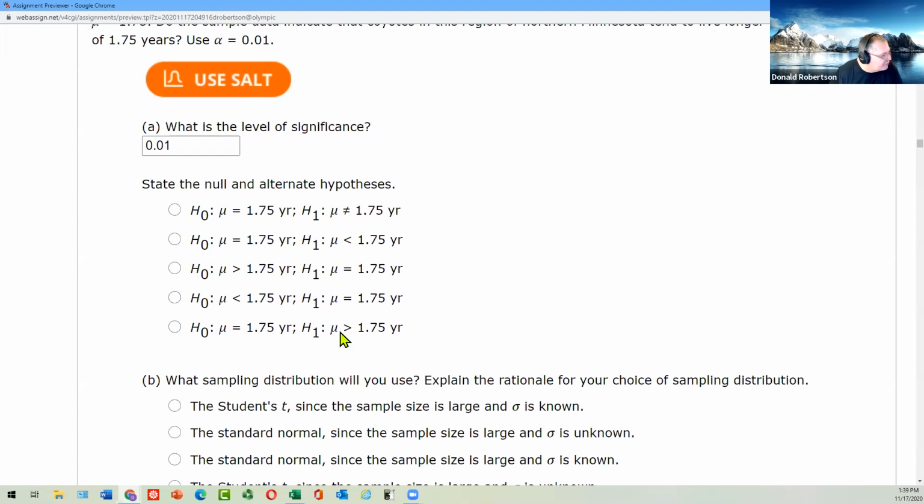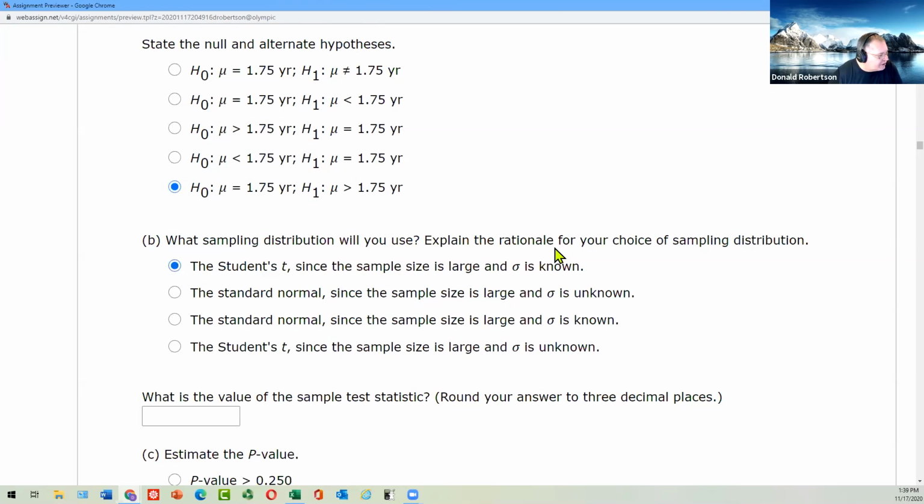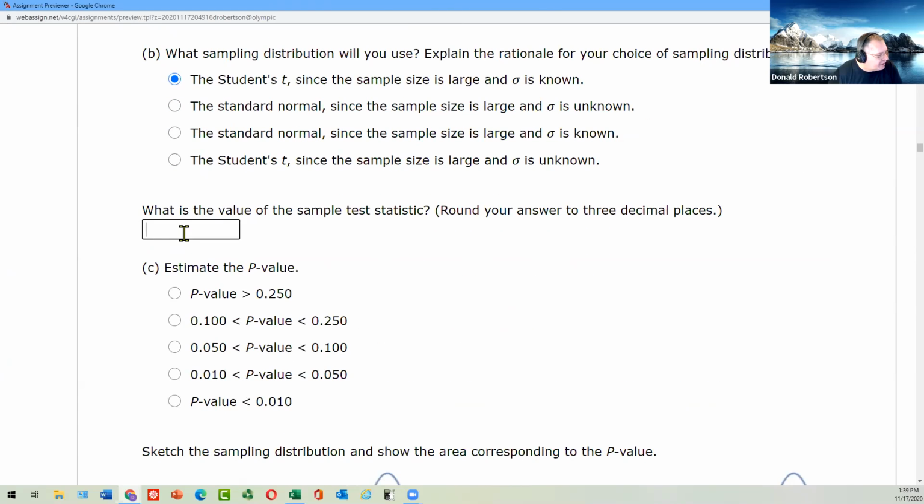Which one of these has the greater than guy? That one. Student T. What's the test statistic? That is the T, 2.439. What is the p-value? Well, it's 0.009. It's that one. Right? 0.009 belongs there.